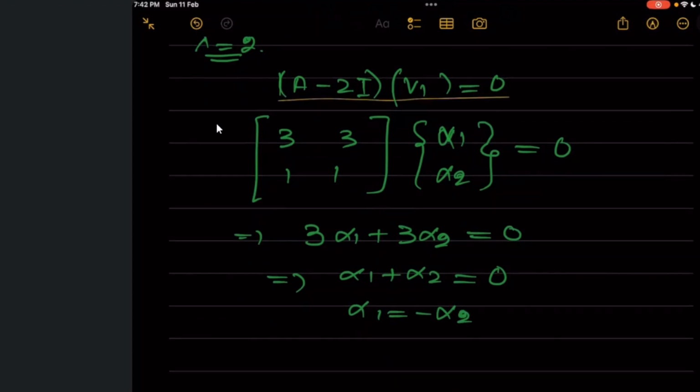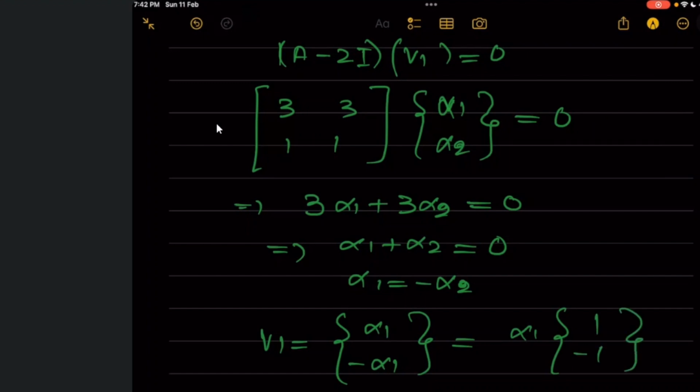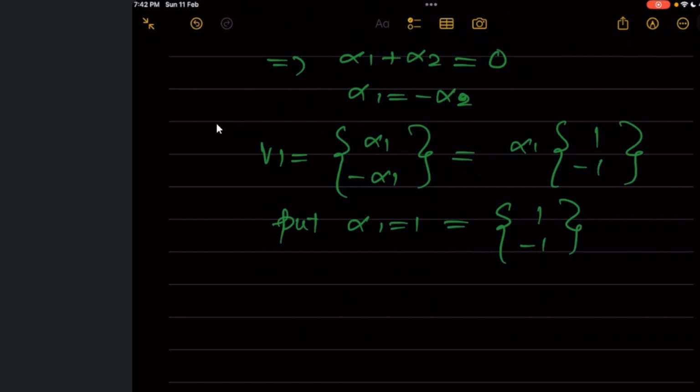So now here let the vector be v1 equal to alpha 1, and now what is alpha 2? Alpha 2 is minus of alpha 1. So taking alpha 1 common, we get 1 and minus 1, and we can assume alpha 1 equal to 2. Sorry, 1. We can put a 2 also, but 1 will make it simpler. So put alpha 1 equal to 1. It is going to give us 1 and minus 1. Now, this is the eigenvector, but it's not normalized yet. So for normalizing it, this is vector v1.